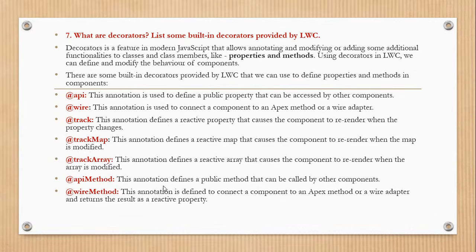Next, API method: this annotation defines public methods that can be called by other components. Next, wire methods: this annotation is used to connect components to Apex methods or wire adapters and returns the result as a reactive property.